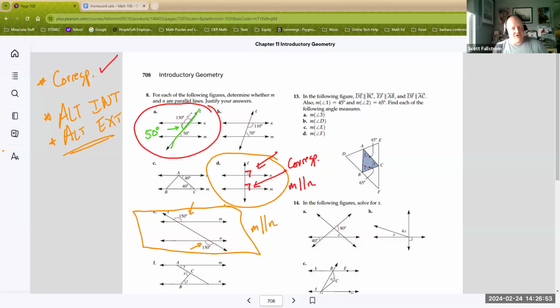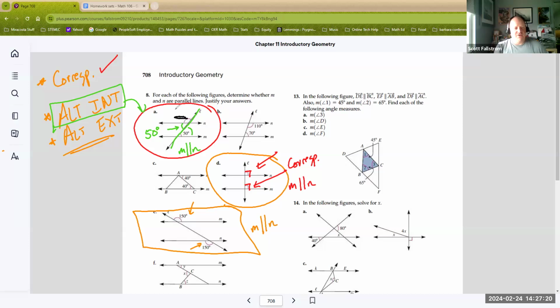So if I know one of them's 130, the other has to be 50. And then you could say, well, wait a minute, this other angle down here is 50 degrees, and those are alternate interior angles. So M is parallel to N. Okay. So what we're showing now, in this case, so far, all three of those have been congruent angles and therefore parallel lines.